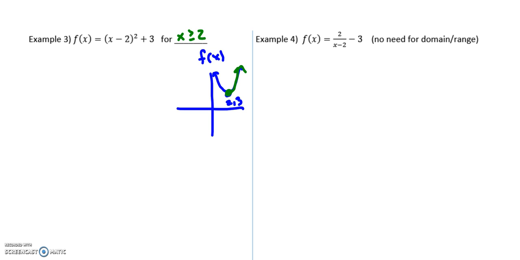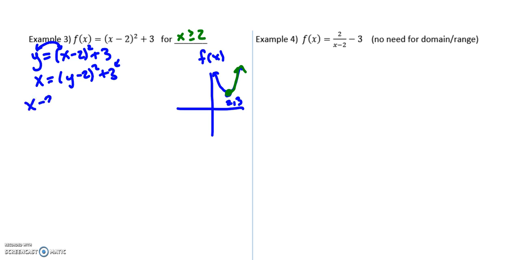If I go through my process, I write y equals instead of f of x, and then I swap the x's and the y's. So x equals y minus 2 squared plus 3. Then solve for y, working outside in. I'm going to deal with this plus 3 first, so x minus 3 is y minus 2 squared. Keep working outside in, so I take the square root of both sides.